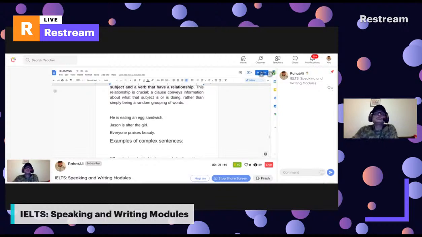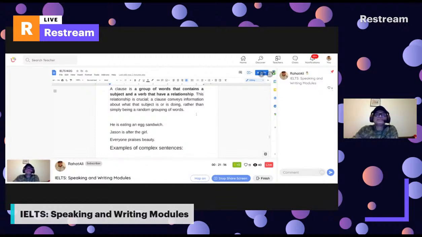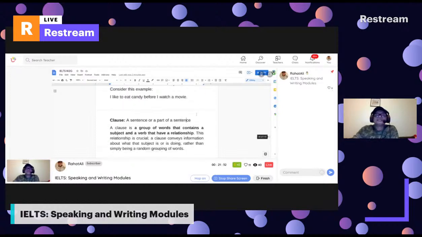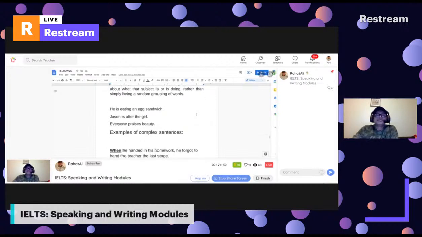As you can see, it is a clause, a good example of a clause. So rather than a simple sentence, we can't say that it is a clause, but you can say that's a sentence. If I would write Joanna is a girl, but Jason is after a girl called Joanna is a clause because the verb has a relationship with the subject.